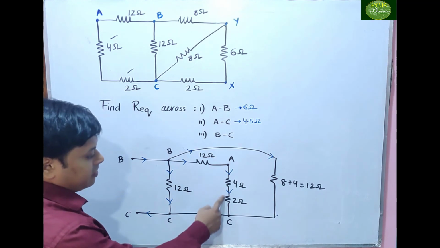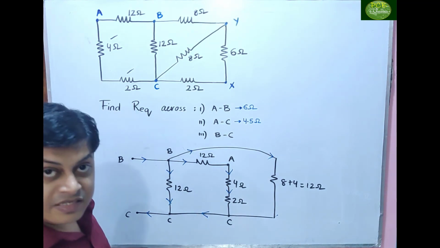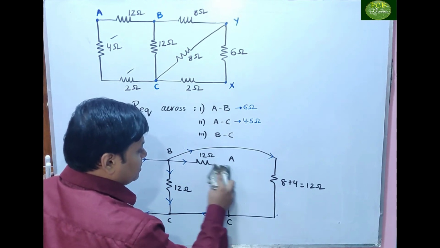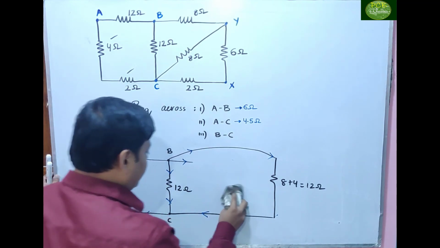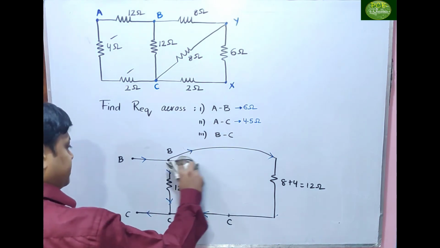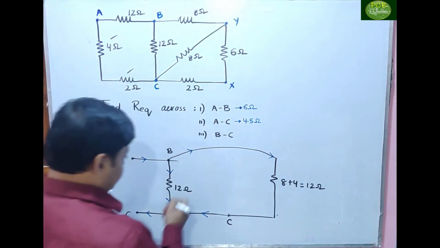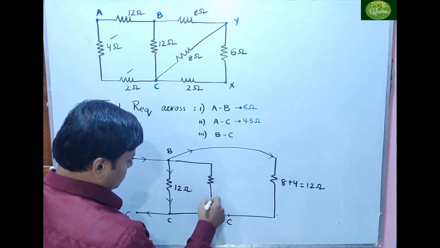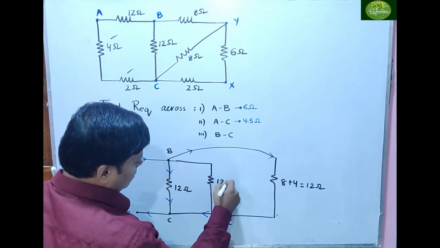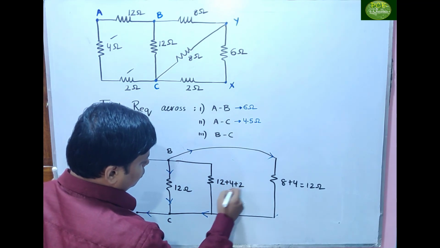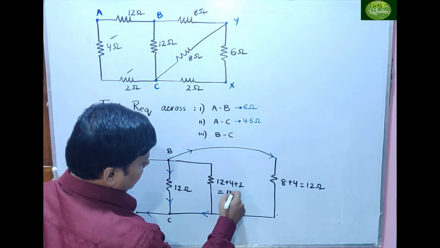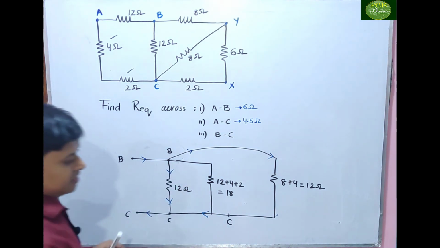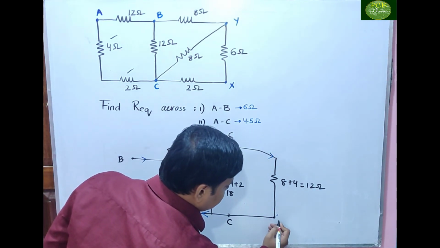That means this 12, 4 and 2 are series in nature. So this can be replaced as 12 plus 4 plus 2, that is equals to 18. Fine. And this is the point C.